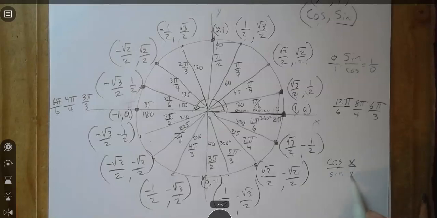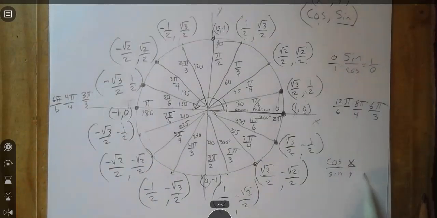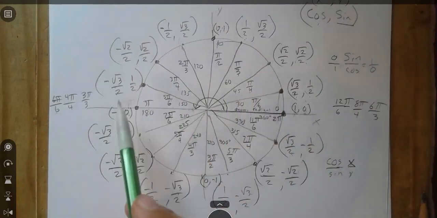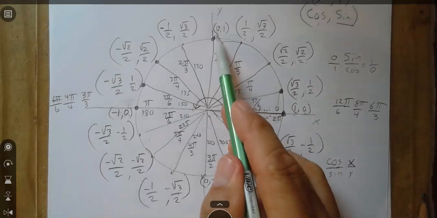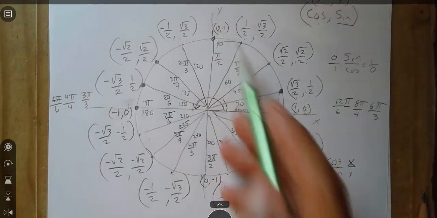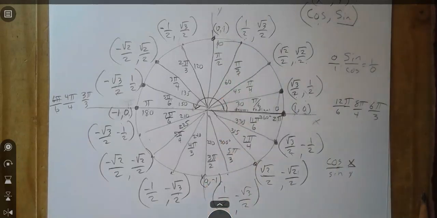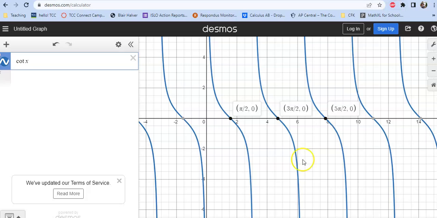So anytime my y is 0, I will be undefined. That will be the points where I have a vertical asymptote. Now at pi over 2, my cotangent will be 0, and at 3 pi over 2, it'll be 0. So if we look back at our graph, at 0 here I'm undefined. Here at negative pi over 2 or pi over 2, my y value is 0.